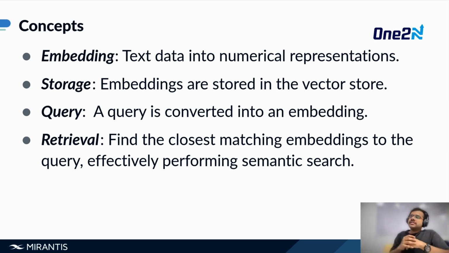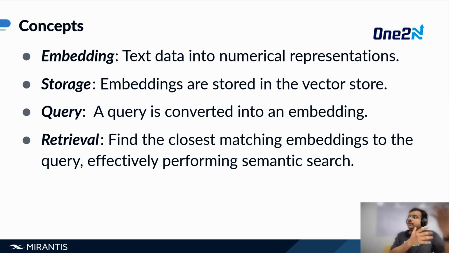So what an embedding does is it captures the meaning of the text instead of the string representation. For example, if I say, I like ice cream, I like pizza, both have the same sentiment, which is talking about food. Now you store them in a vector store, then you query these embeddings.